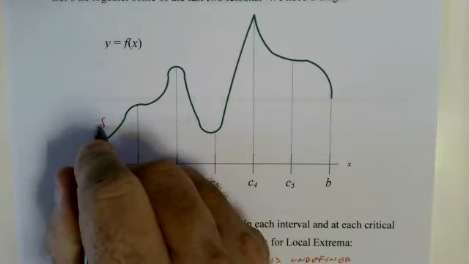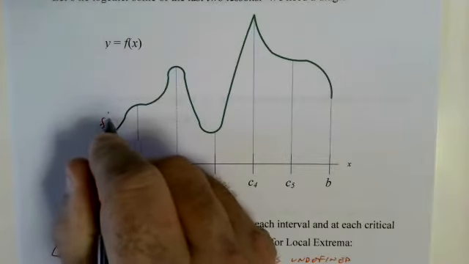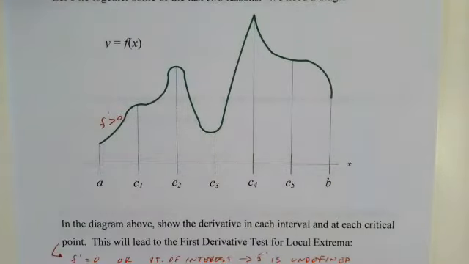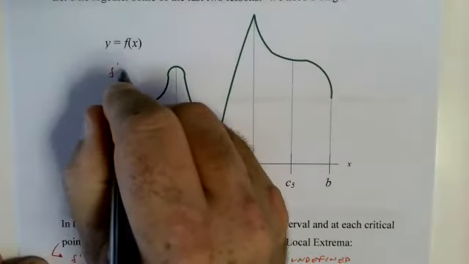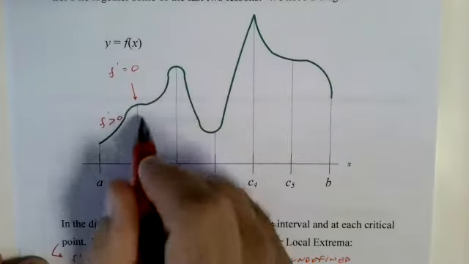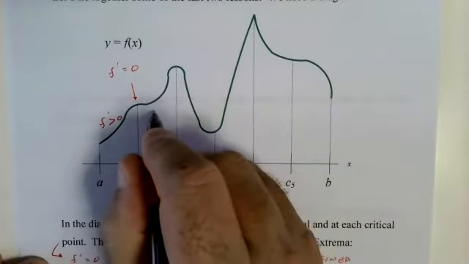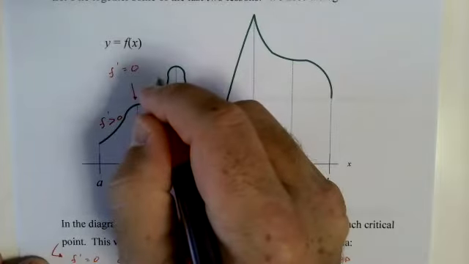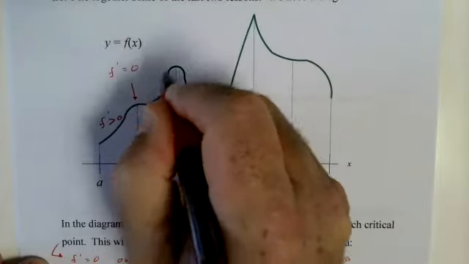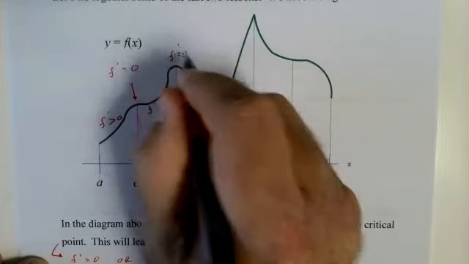So here the derivative is greater than 0. Here it peaks out. The derivative is equal to 0. Here the derivative is greater than 0. Here the derivative equals 0.